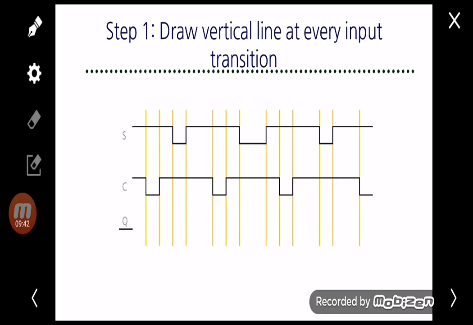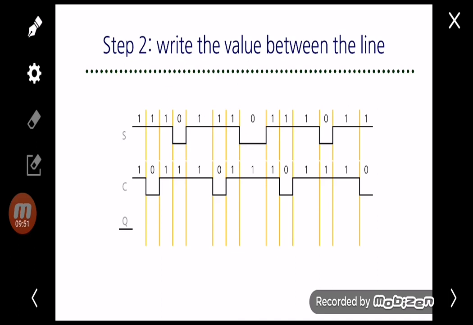So you can see here, changes here, here, here, here, here. And then the next step, you need to write the value between the lines. And usually we have an initial value of Q, usually they will teach us to assume 0 or 1.